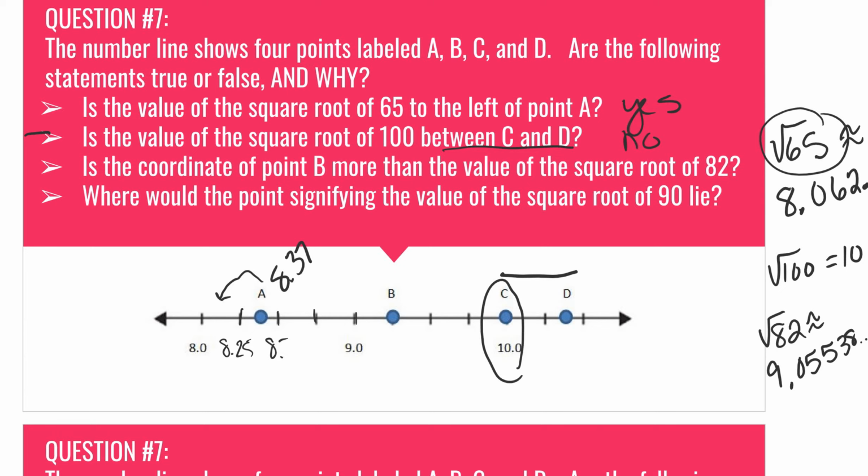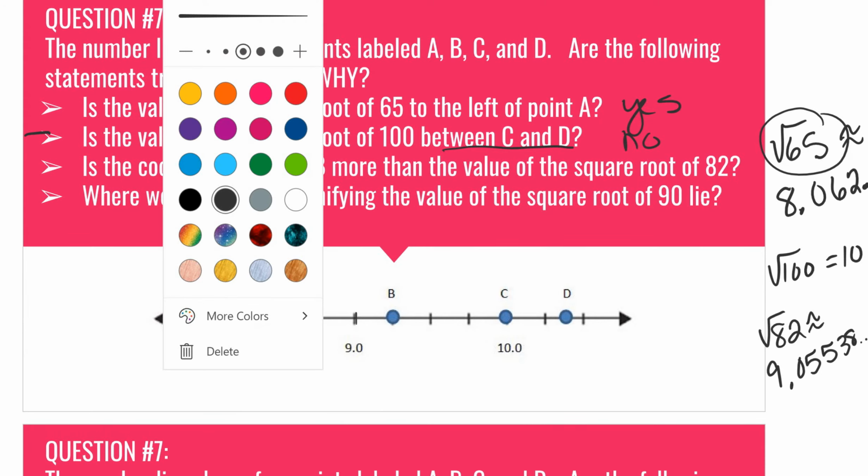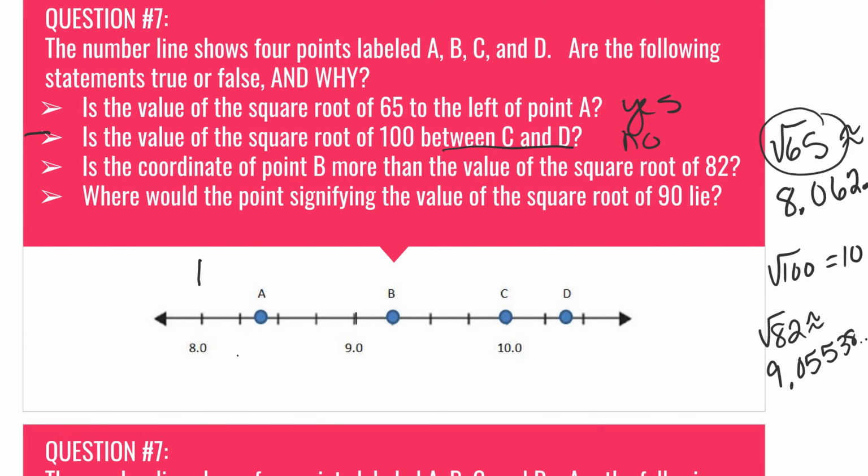Let me erase some of this. Here's 8, and here's 10, and the value of B looks like 9.25. Do you think this number is to the right, meaning it's larger than 9.25? No. 9.0558, that is smaller. That's to the left.